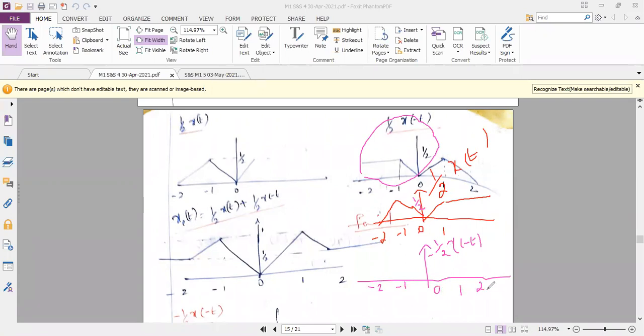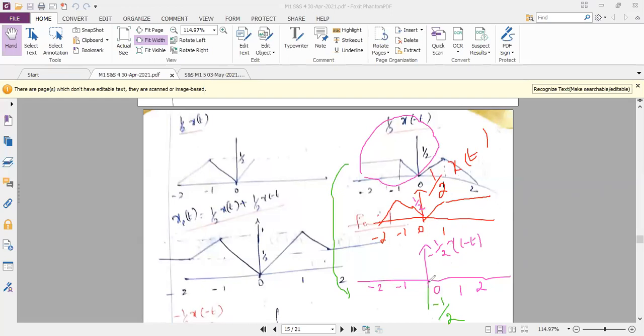So let me take different color. So when I take different color, I can say what is the change for minus 1 by 2? So minus 1 by 2 in the sense the amplitudes are now instead of positive 1 by 2, it becomes negative 1 by 2. That's it. The shape I have to maintain the same shape. So now 0 is 0 only.